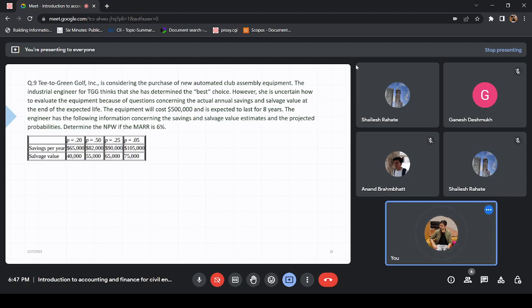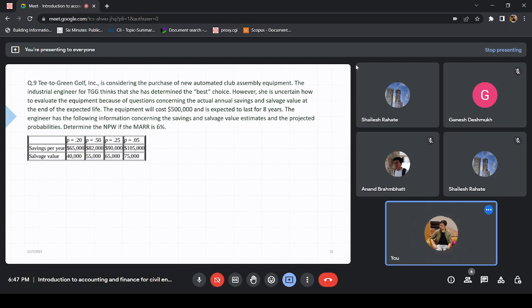For that, they have given that there is 20% probability that savings per year would be 65,000 and salvage value would be 40,000. Similarly, there is 50% probability that savings per year would be 82,000 and salvage value would be 55,000 at the end of 8 years that has been given to you, right?